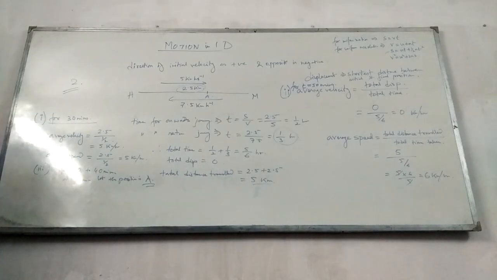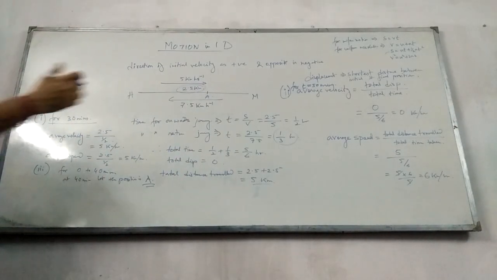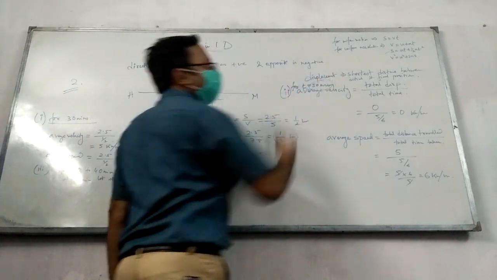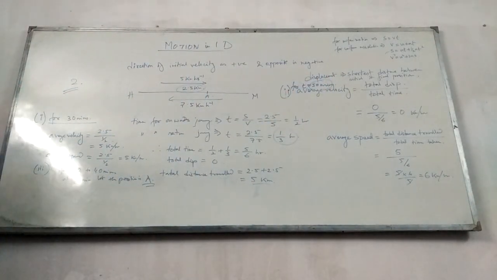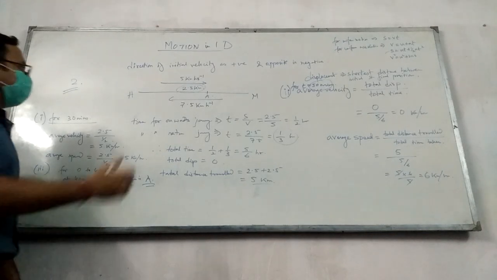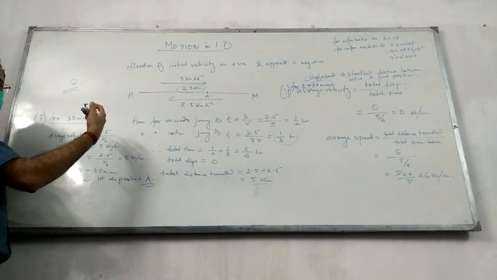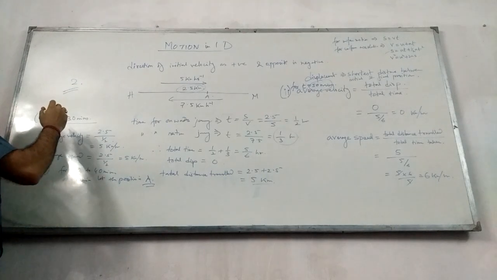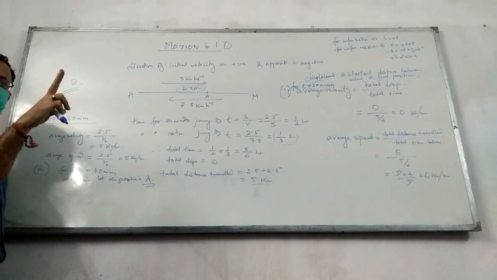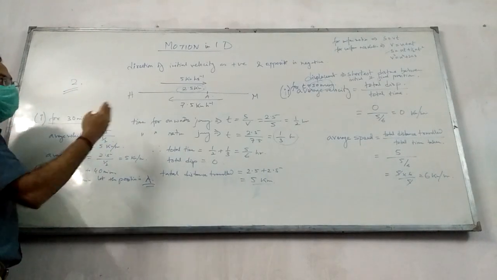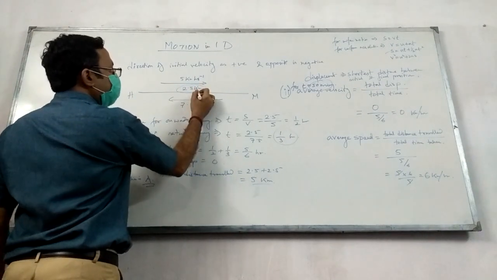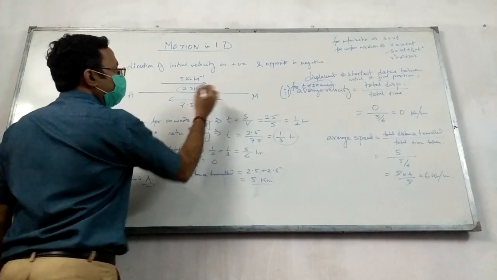It will be somewhere in the middle, because when did it complete its return journey? At 50 minutes. Because it started returning at 30 minutes and ended at 50 minutes. So 30 to 50 is 20 minutes and 40 minutes is in between them. So A will be exactly at the middle.